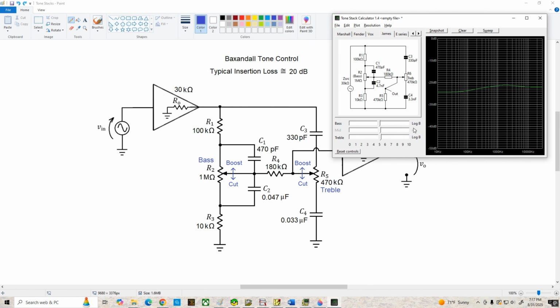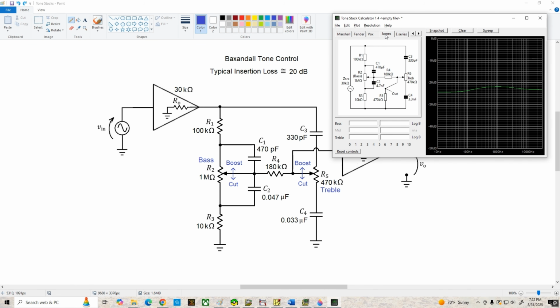It's got really flat response in the middle of the pot settings, and they only affect their respective frequency ranges. Now, you don't see the Baxandall used in very many guitar amplifiers, maybe because it's so complicated, but you do find it quite often in hi-fi amplifier applications.